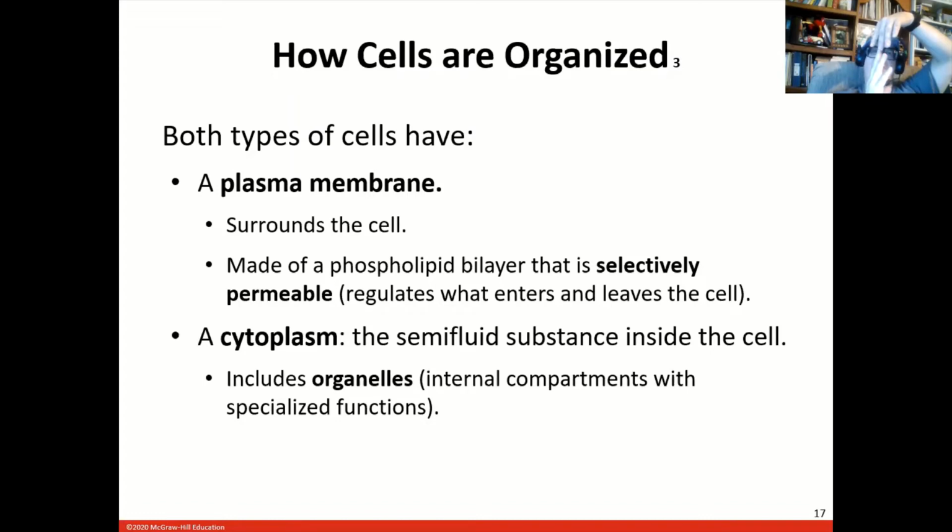Things that are small, things that don't have a charge, they're much better. All right, inside of that plasma membrane, we already heard this, you've got cytoplasm. Cytoplasm is actually made of cytosol plus organelles. The thick liquid inside the cell is cytosol.